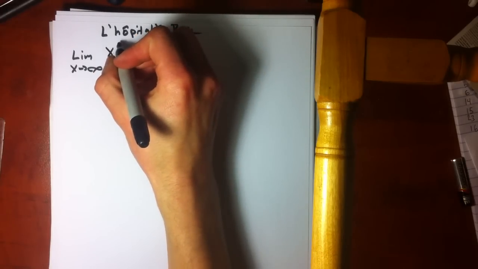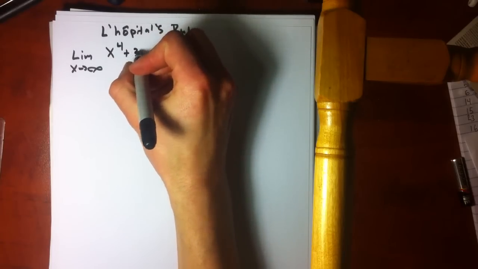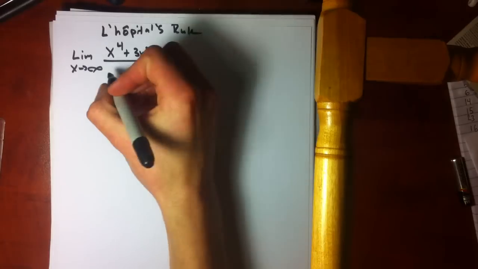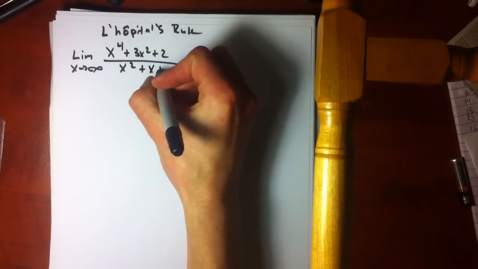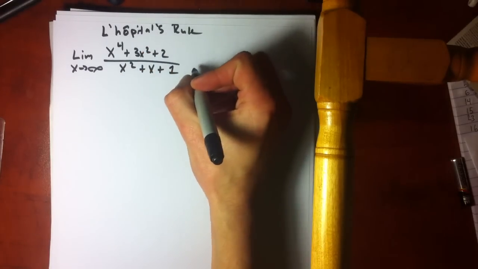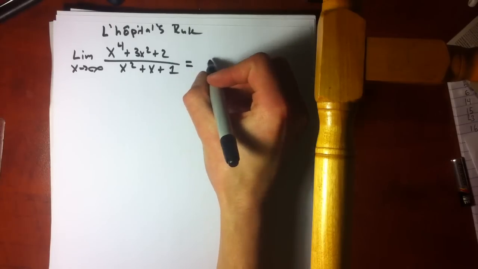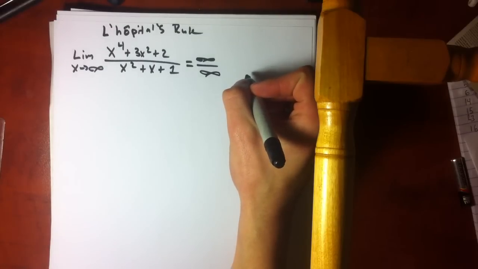So say we had x to the power 4 plus 3x squared plus 2, divided by x squared plus x plus 1. If you were to do this limit outright right now, you would get infinity over infinity, and you would know that you can't do that.